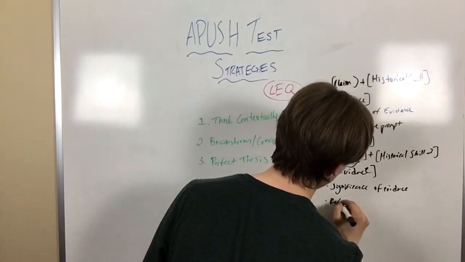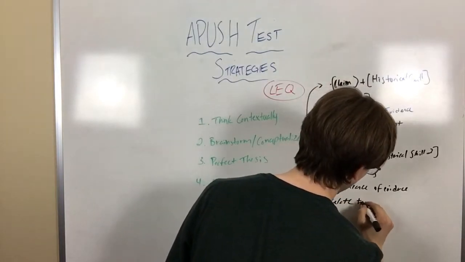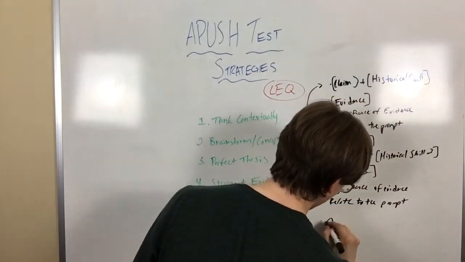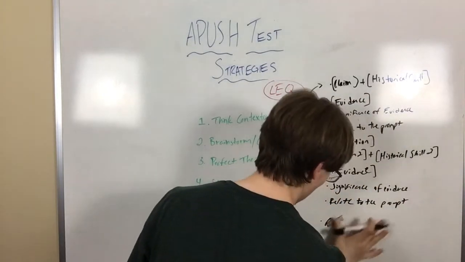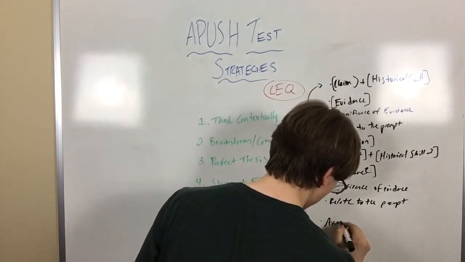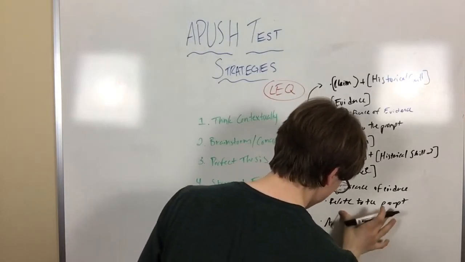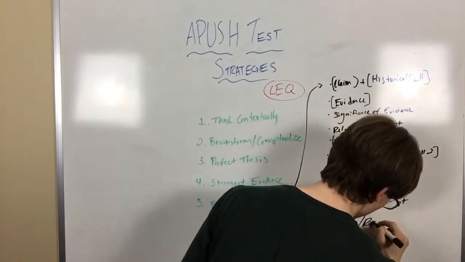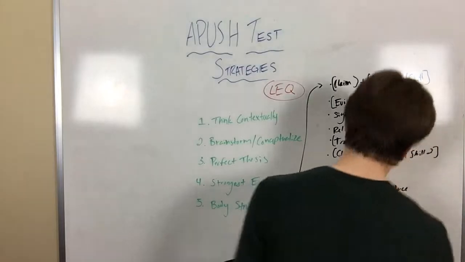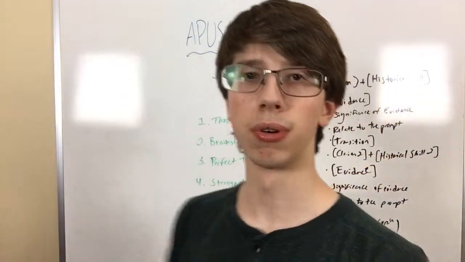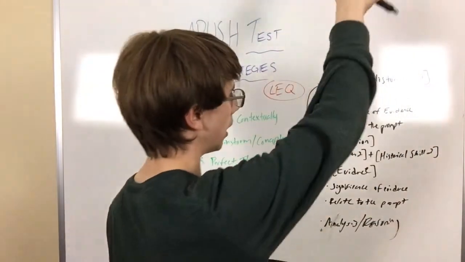Then you're going to relate back to the prompt. And then finally, you're going to do your analysis and reasoning. Okay? So this is the structure you would follow if you want to do a double chunk, we'll call it, historical skill paragraph.